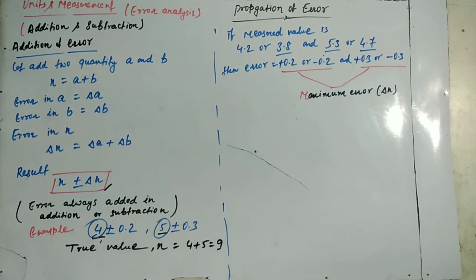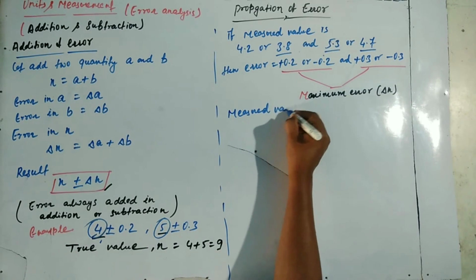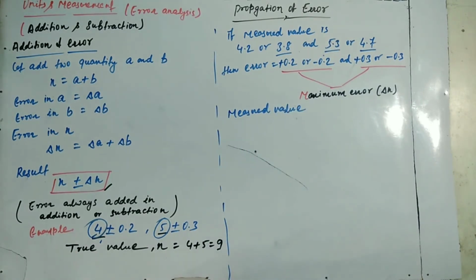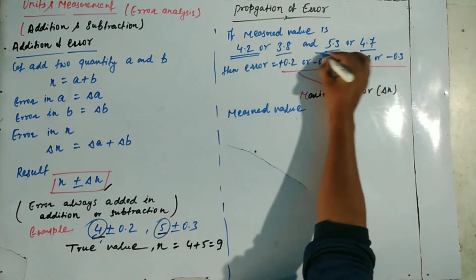Now the result is X plus minus del X. To find the result, we add the measured values. We measured 4.2 and 5.3.